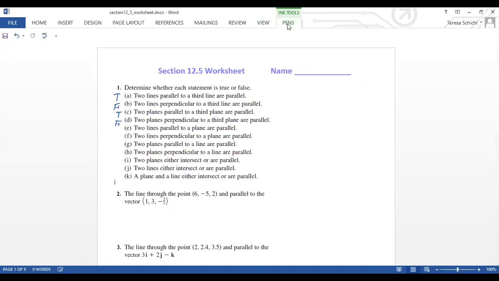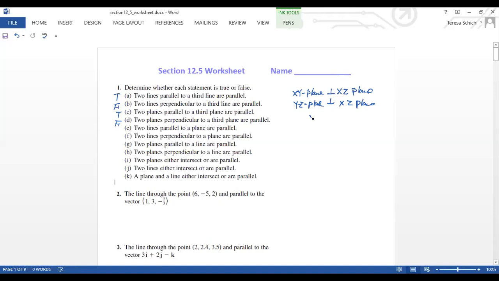The reason why this one is false is because I know the XY plane, in R3, is perpendicular to the XZ plane. And then the YZ plane is perpendicular to the XZ plane also.